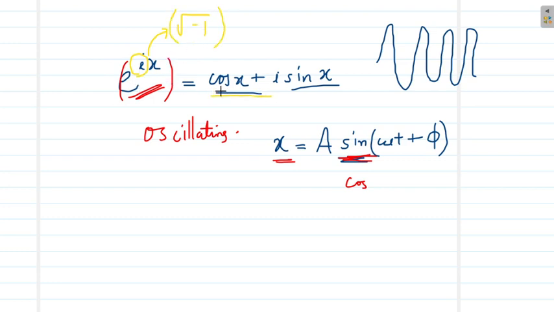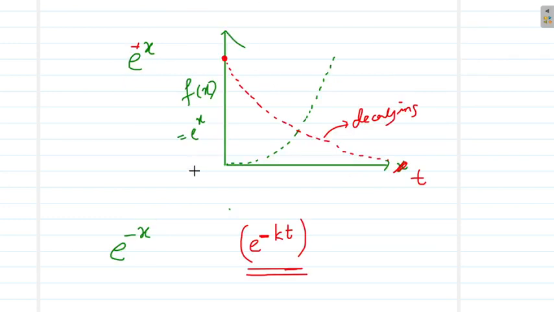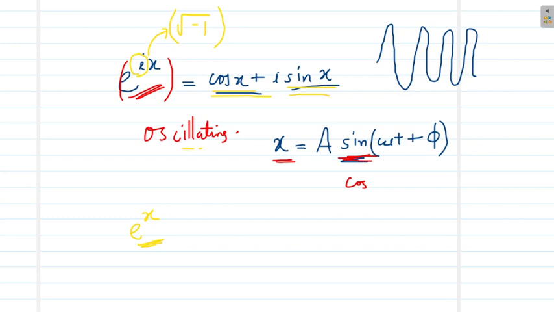Then only you will be able to expand it as cos x plus i sin x and get an oscillating behavior. If this is simply e raised to x, this is not the case. The system will not be oscillating. e raised to x is simply an exponentially increasing function. e raised to ix is something different. That is a function that has an oscillatory behavior.